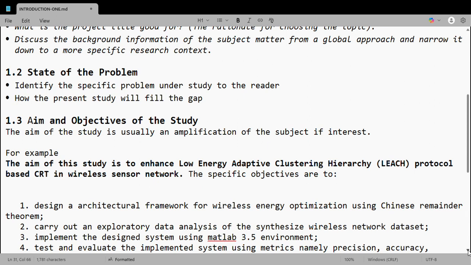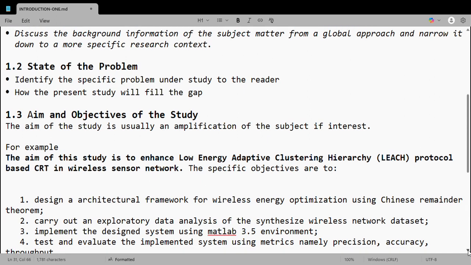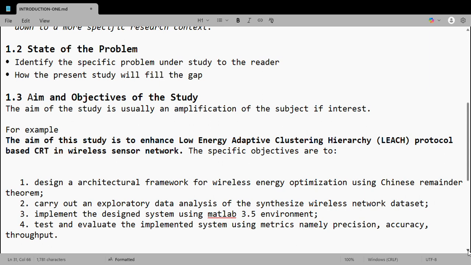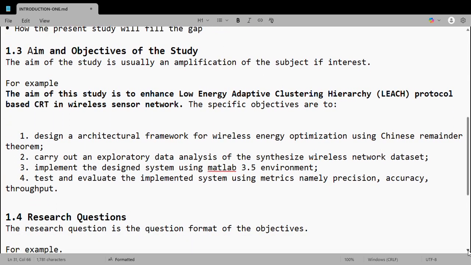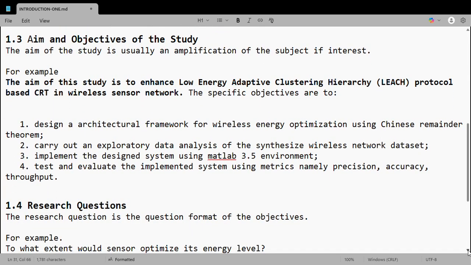The objectives are very important, because they are going to reflect in your chapter 3, which is your research methodology, and likewise the implementation, which is chapter 4. Then the next one after the aim and objectives of the study is the research questions. The research question is a question format of the objective.